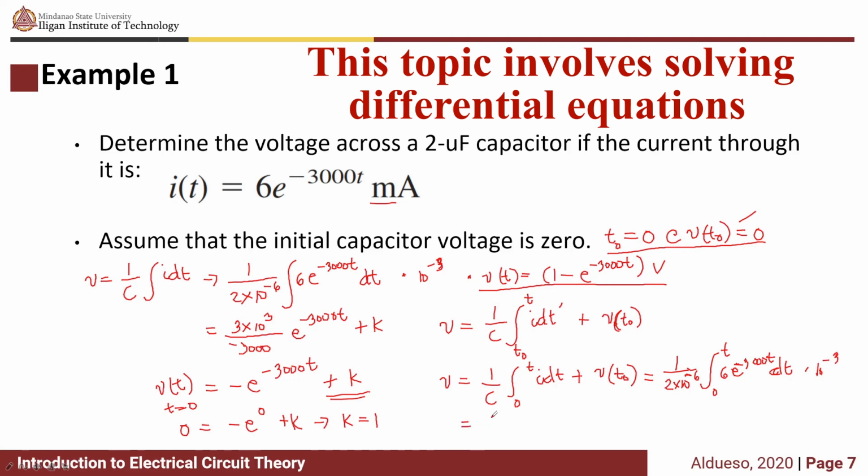We have negative e to the negative 3000t evaluated from 0 to t, which is just equivalent to 1 minus e to the negative 3000t volts.